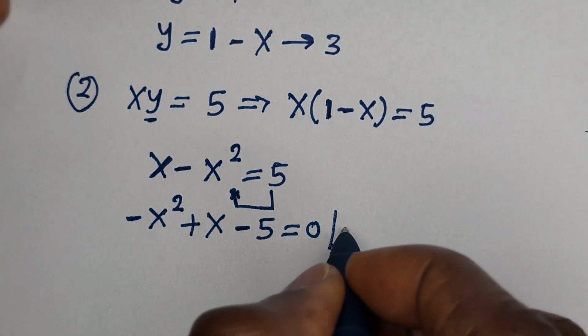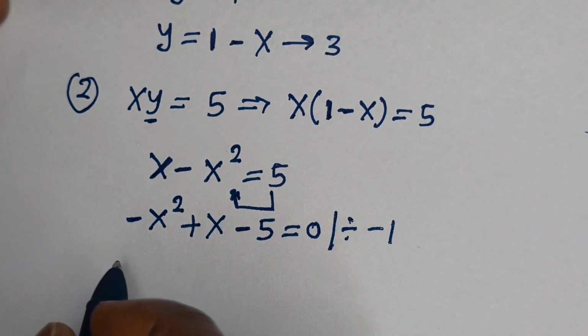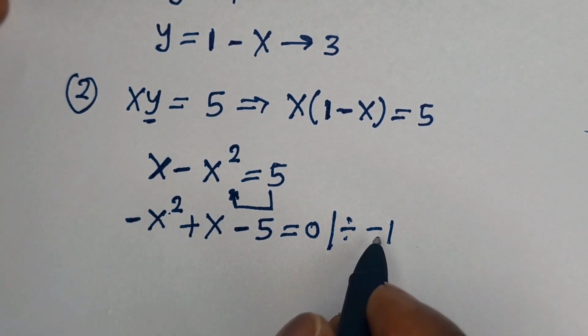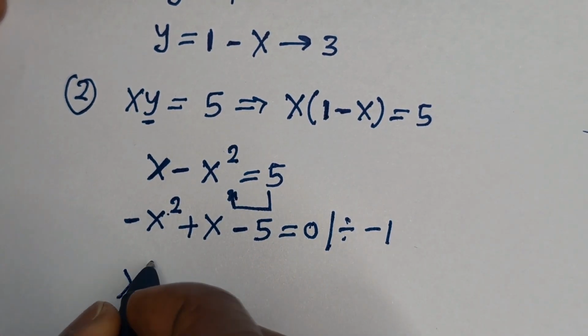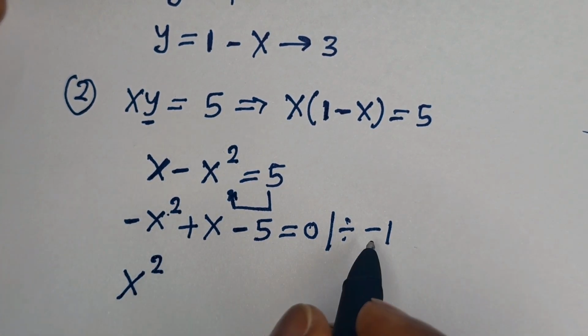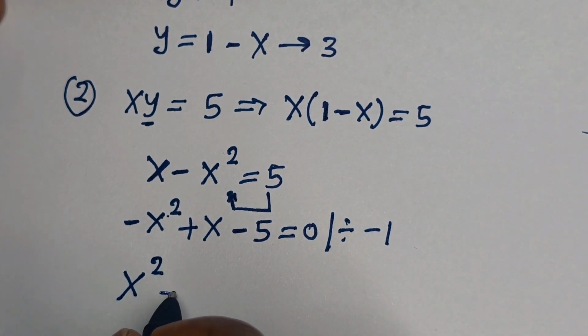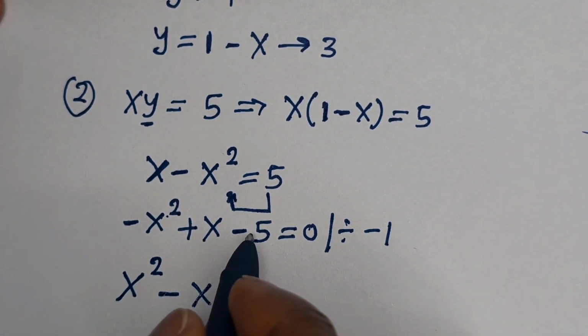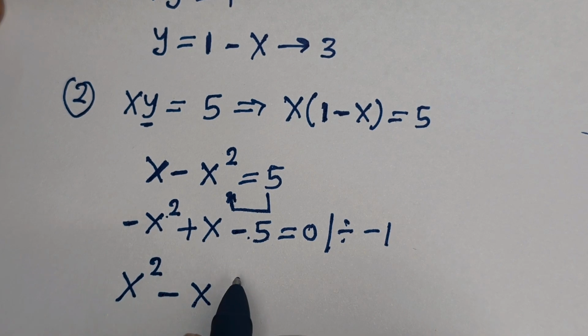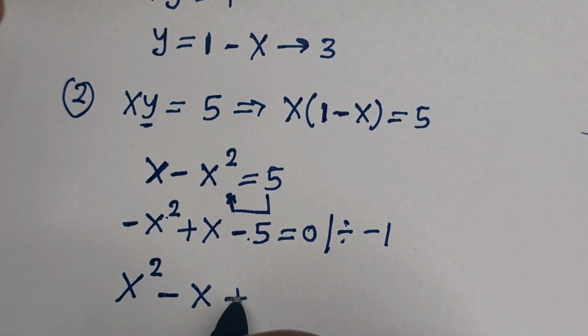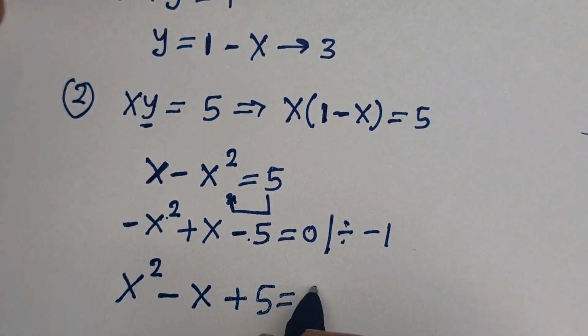Then let's divide the whole of this equation by negative 1. Negative s squared divided by negative 1 is s squared, plus s divided by negative 1 is negative s, negative 5 divided by negative 1 is plus 5, equal to 0.